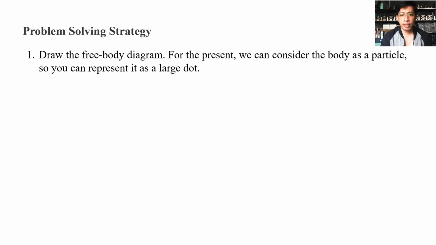For the present lesson, we can consider the body as a particle, so you can represent it as a large dot. But later on, when we go, for example, to torque, where we are still going to apply Newton's law, you can no longer consider the system as a particle, since we are then looking at rigid bodies. But for this lesson, we can consider the body as a particle, so we represent it as a large dot.